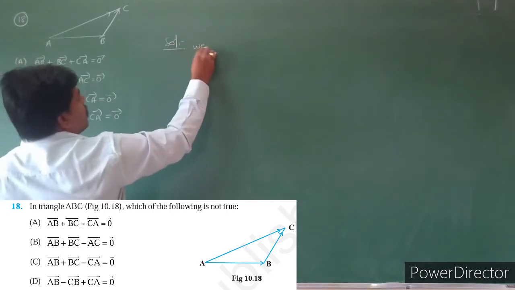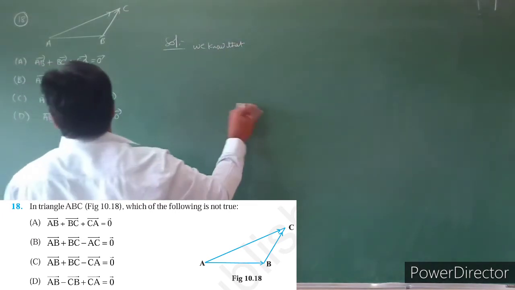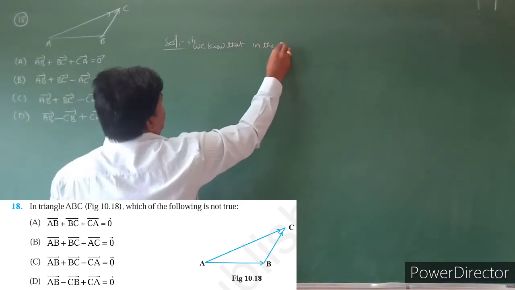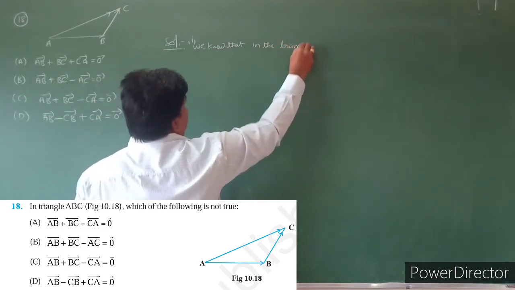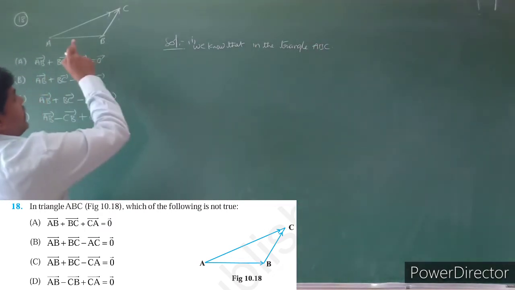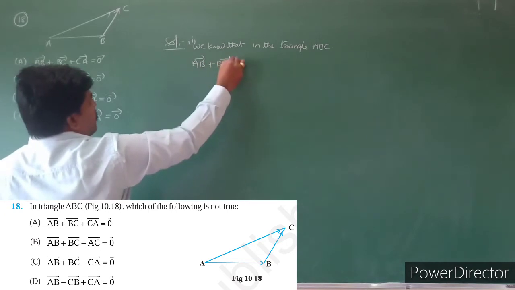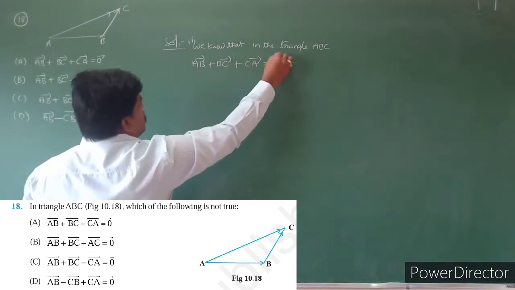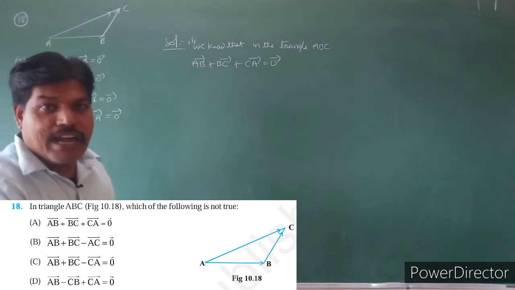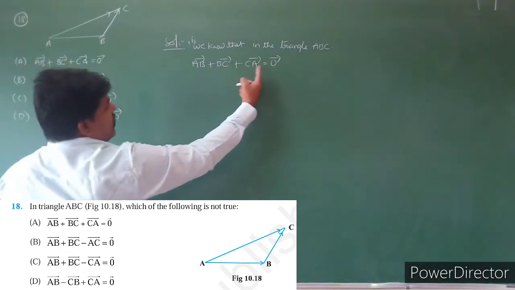We know that in the triangle ABC, the sides AB, BC, CA, if you take AB bar plus BC bar plus CA bar, it is equal to 0 bar. Why? Because these are in order. The sum of the sides of the triangle taken in order will become 0. So AB bar plus BC bar plus CA bar is equal to 0.